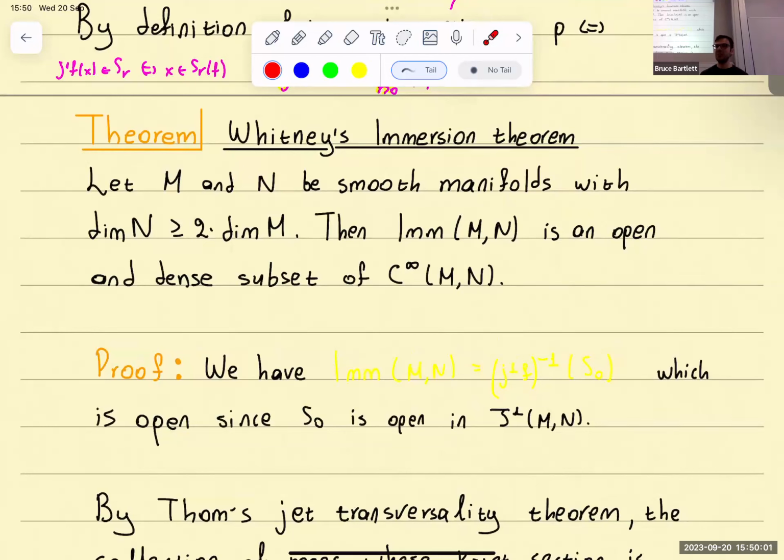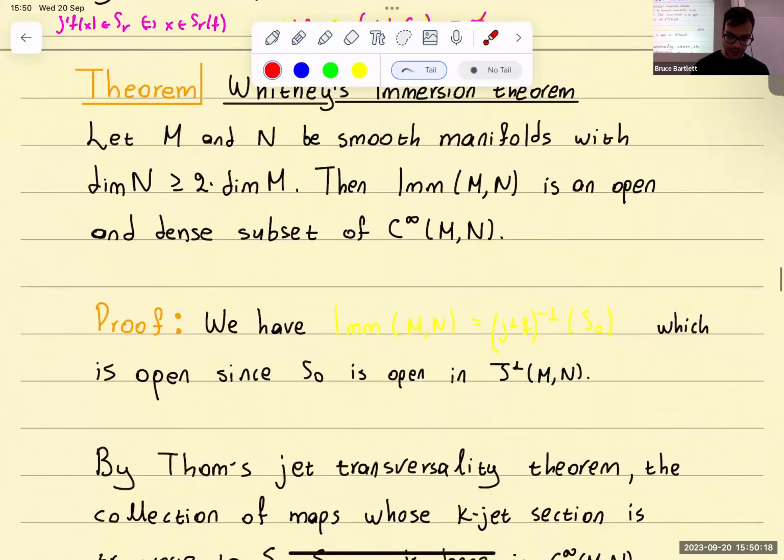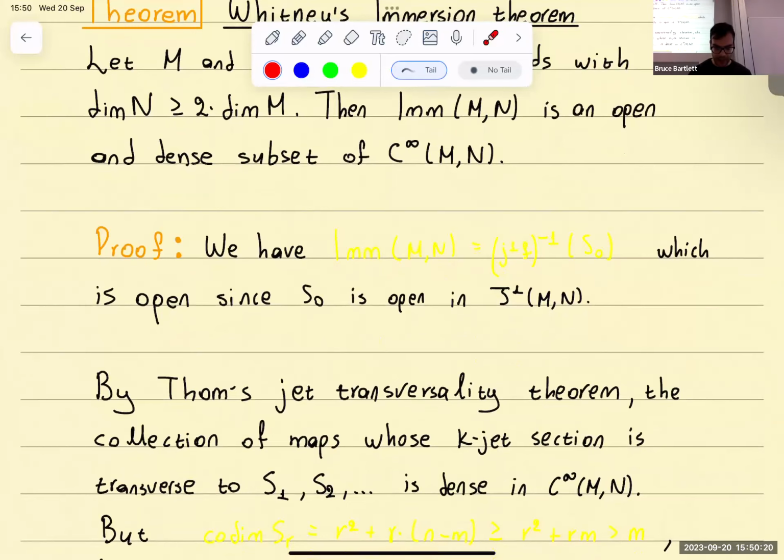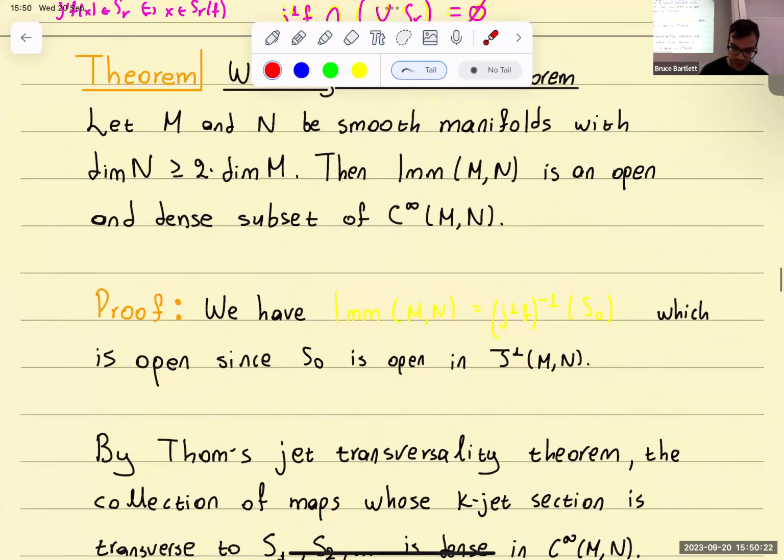So it means that I can always find an immersion from M to any space whose dimension is greater than or equal to twice the dimension of M. Okay, let's just prove it.